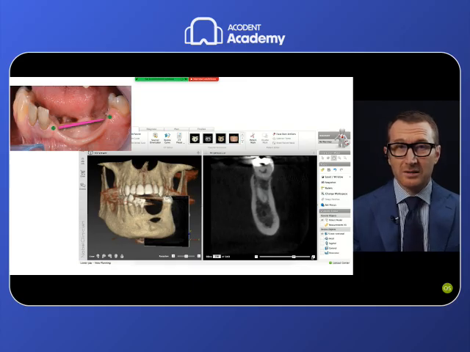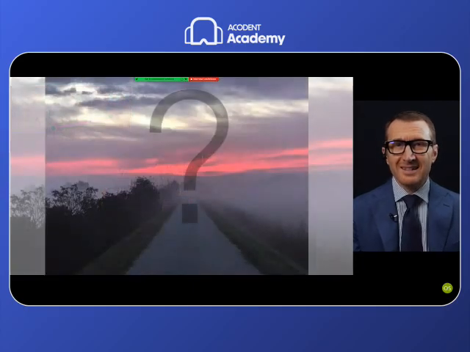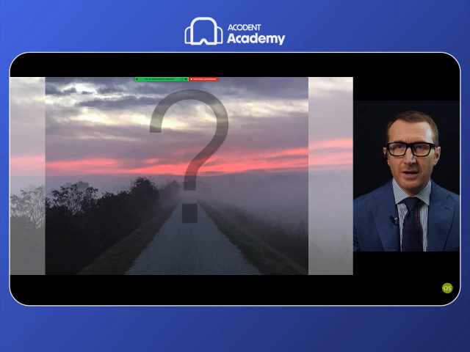And it's like a foggy street. We know that something can be done. We know that we may be able to regenerate bone, but we are not really sure what the outcome will be, how long the treatment will be, how many surgeries we need to treat this type of deficiency.